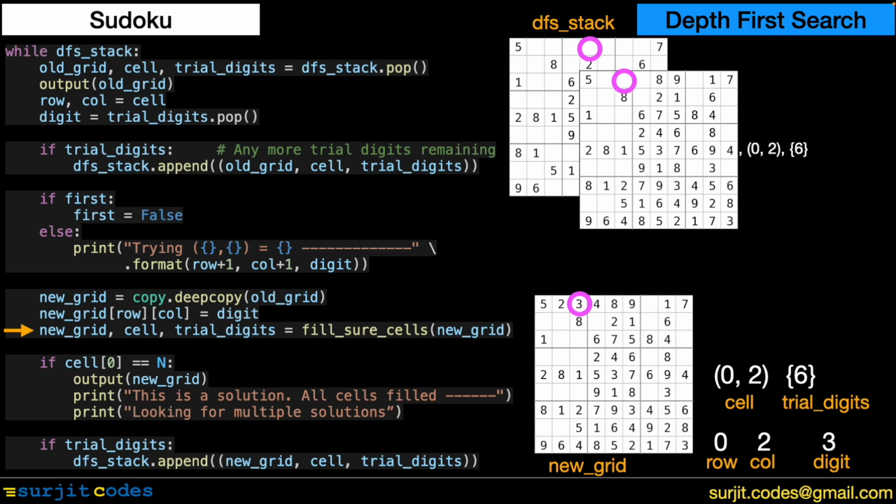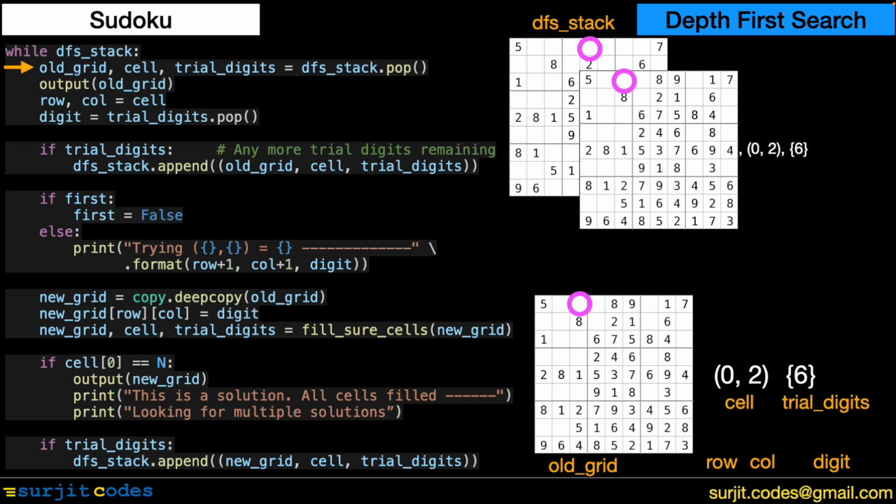It fills 2 more cells and returns cell 06 that has an empty set of trial digits. This indicates that our choice of 3 for cell 02 is not working. Cell 0 is not 9. Trial digits set is empty, so we do not push anything in the stack. This way, we discard changes that we made on filling the cell 02 with 3.